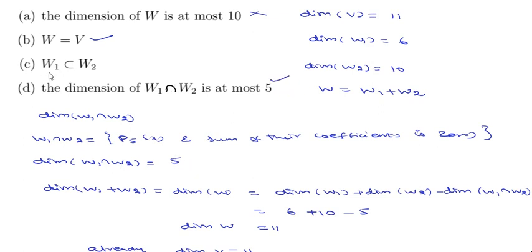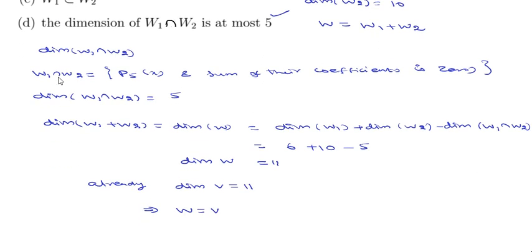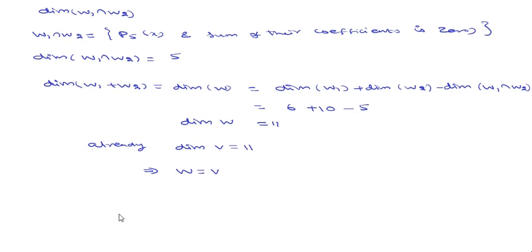Now we have to check whether option C is correct or not. W1 is contained in W2. Let us take an element in W1. Now we will check whether this element will be in W2 or not.